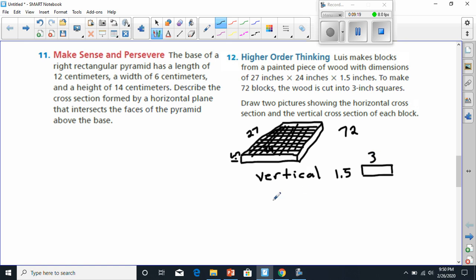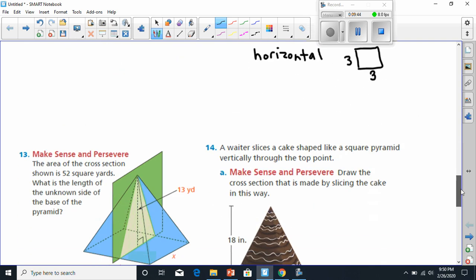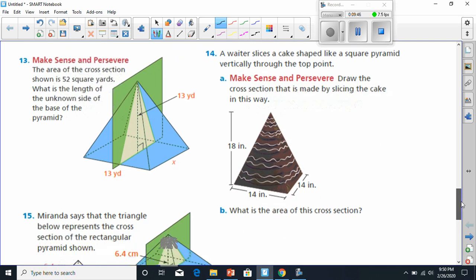Okay, and the horizontal view, well, that's going to be, since we're cutting it 3 by 3, that's going to be a perfect square. There's 3 by 3. And I think I'm ready for number 14 now.